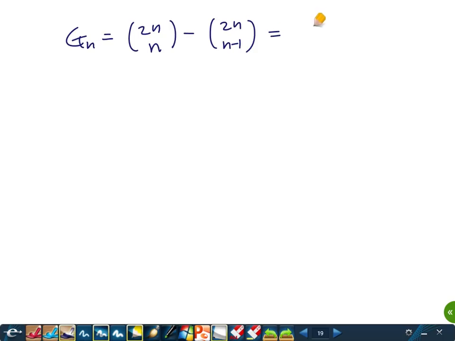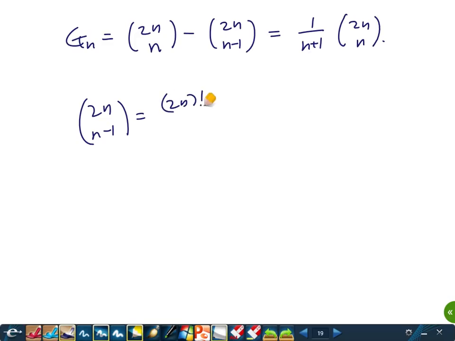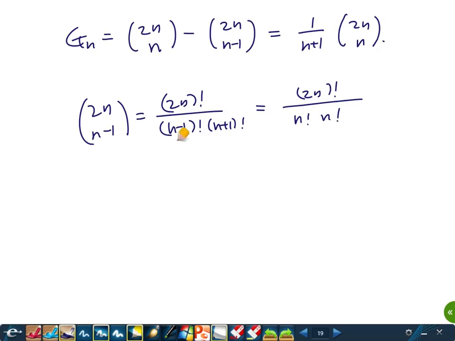If you compute this, you can see why: 2n choose n is 2n factorial over n factorial times n factorial, and 2n choose n minus 1 is 2n factorial over n minus 1 factorial times n plus 1 factorial. If you cancel and combine factorials, you get n minus 1 factorial and n plus 1 factorial.